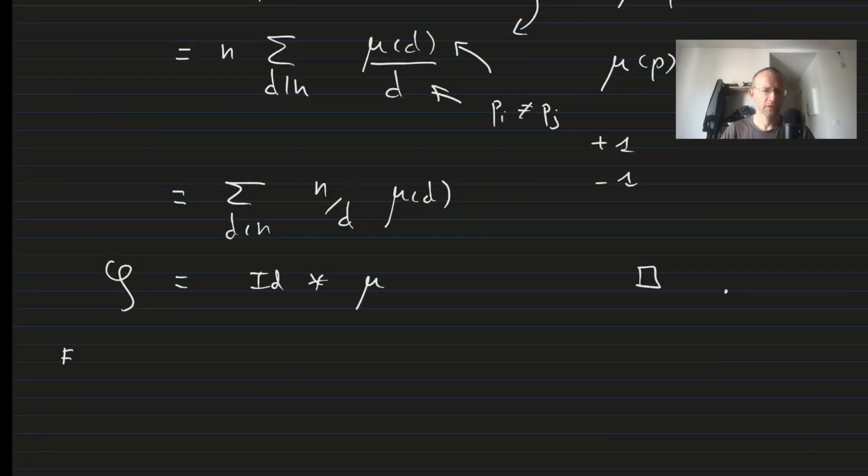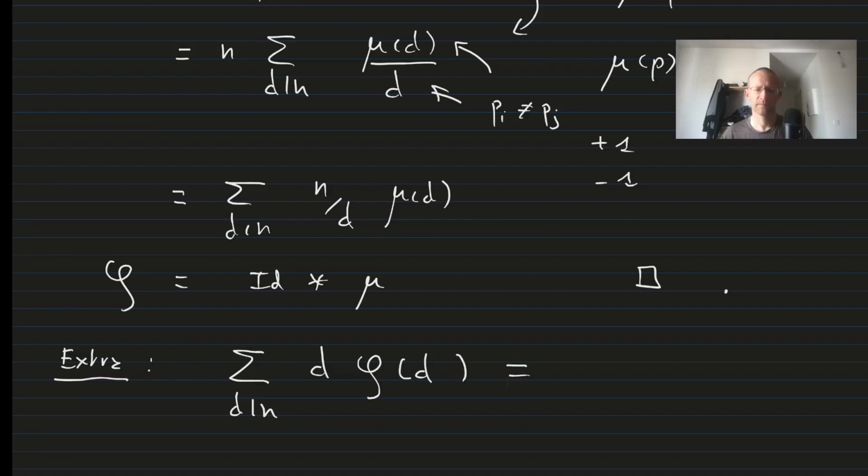An extra is to, for instance, take the first proof and generalize it as follows. If we sum over the divisors d of n, d times phi of d, this is equal to the sum from k is 1 to n of the greatest common divisor of k and n.